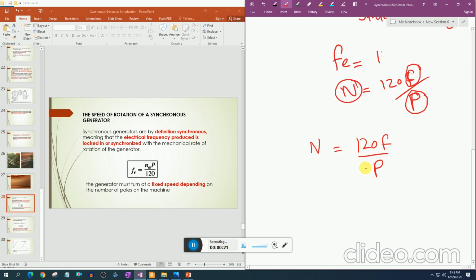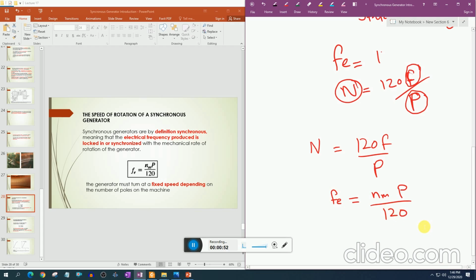In this synchronous generator there is no slip, as the rotor magnetic field moves with the same speed as the rotor, so it induces approximately the same frequency in the stator. So there is a fixed frequency, and the electrical frequency fe can be calculated as Nm times P divided by 120.